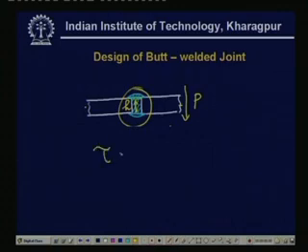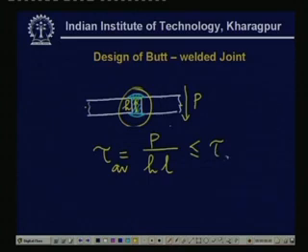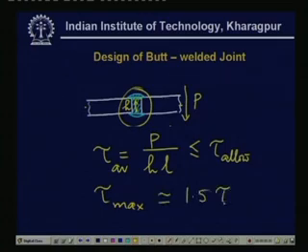Then tau average will be P divided by H times L, and that must be less than tau allowable. Now, here this is the average stress. We can find the tau max if the cross sectional area is rectangular, then tau max is roughly equal to 1.5 times tau average.